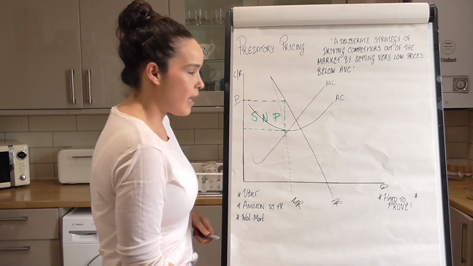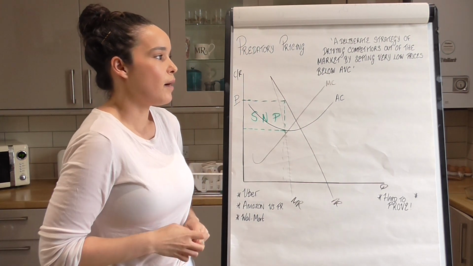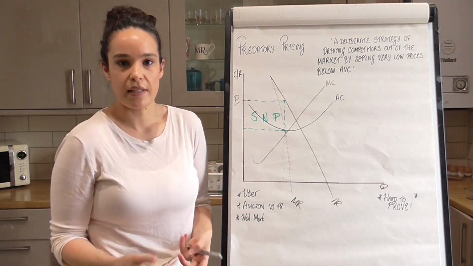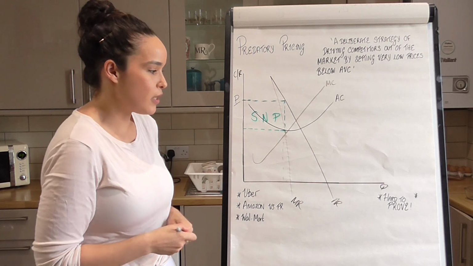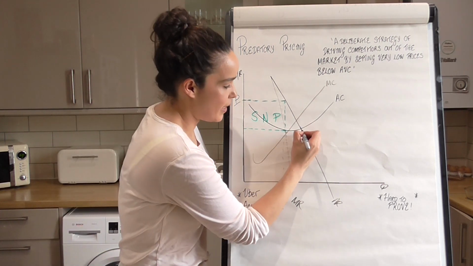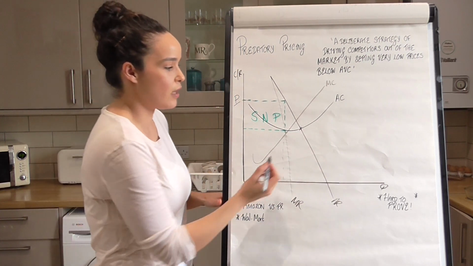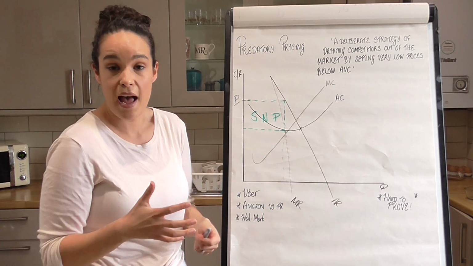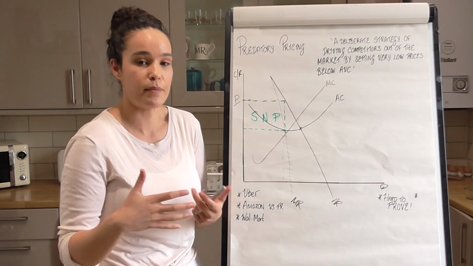So predatory pricing is where we are making lower than limit pricing. Our limit pricing position is going to be here, our sales maximizing position. So I suggest you pause now and think about where this might be, or what predatory pricing might look like.